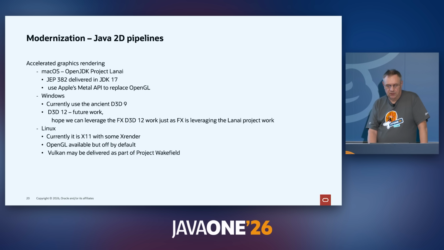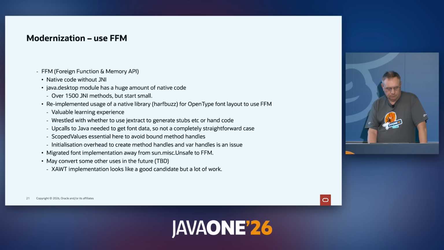They currently use D3D9, and I'm hoping that a lot of that can actually be copied over to the JDK, just like it went the other way, where FX basically was able to leverage a lot of the work we'd done on the Metal pipeline for Mac. And then I just mentioned Linux, we might get a Vulkan pipeline, because right now it's really just X11 with some X-render.